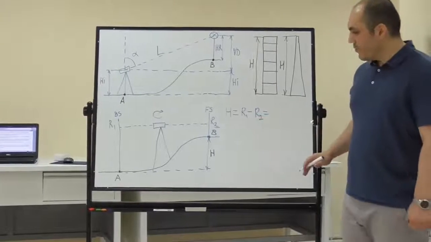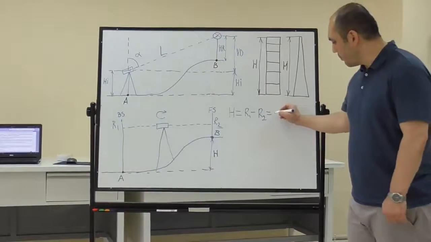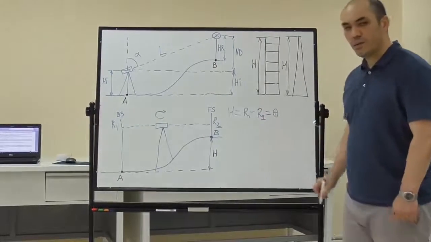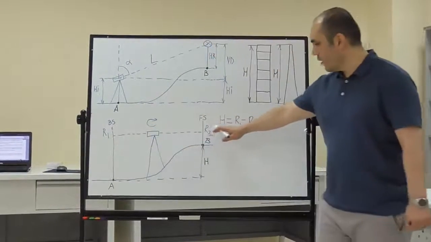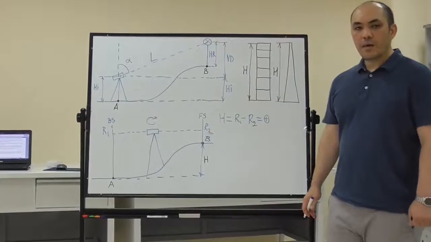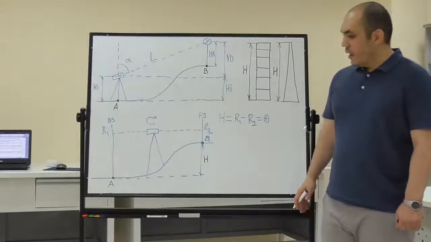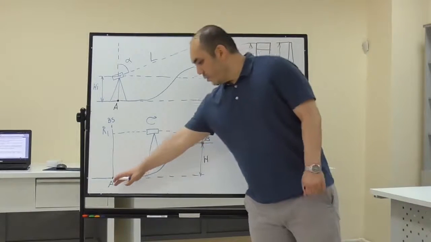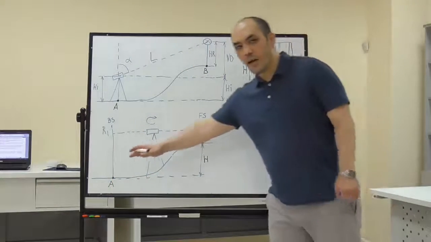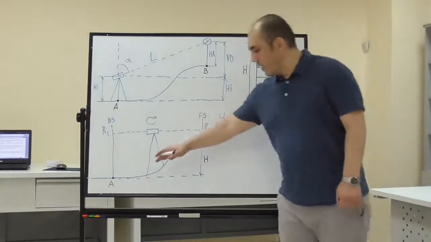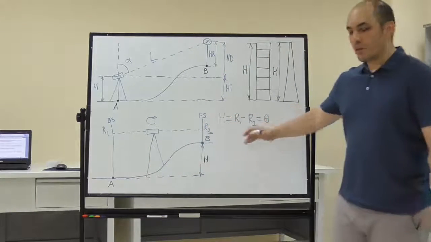Here, definitely we will get a plus value because R1 is higher than R2. That means if we go from point A to B, we are rising, or the elevation is rising.